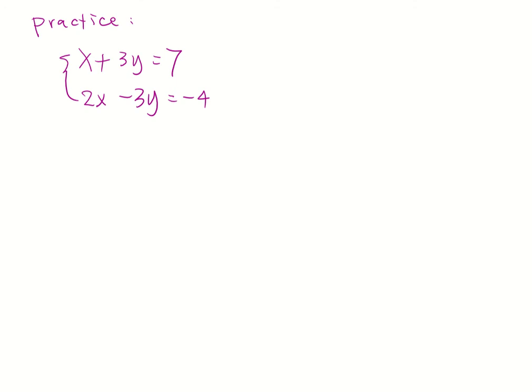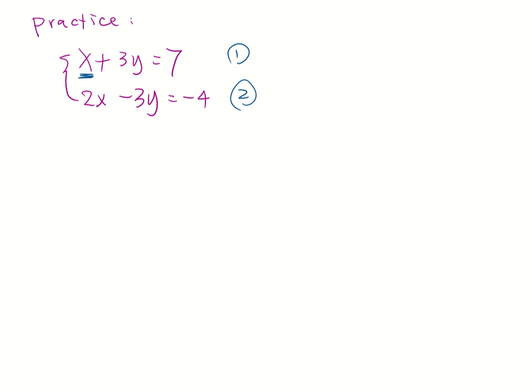Now let's work on another problem. So let's look at this system of equations. If we want to solve it by substitution, one variable needs to be by itself. You look at the first equation and the second equation, neither x nor y is by itself. But this x can be left by itself very easily.